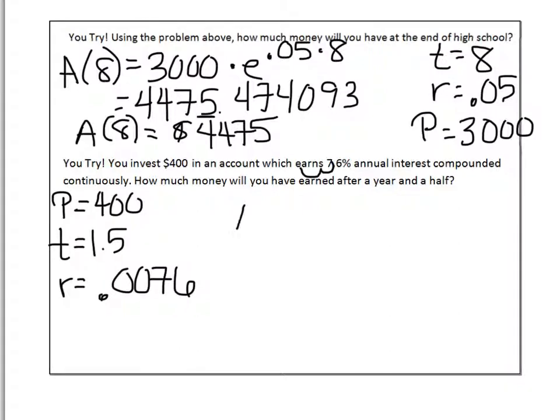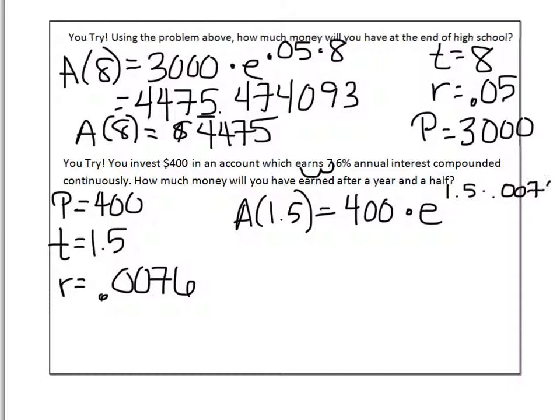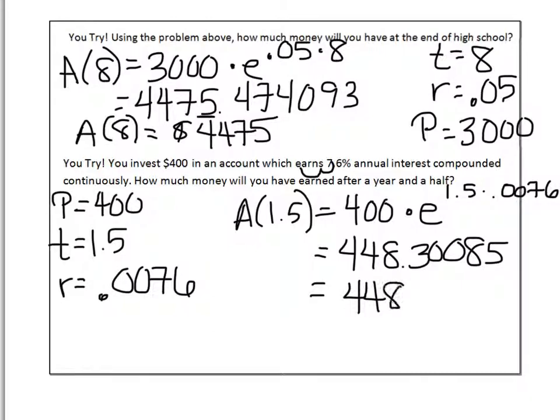So then it should have been A of 1.5 equals 400 times e to the 1.5 times 0.0076. And that gave you 448.30085. We're going to go ahead and round to nearest dollar again, which should simply be $448.